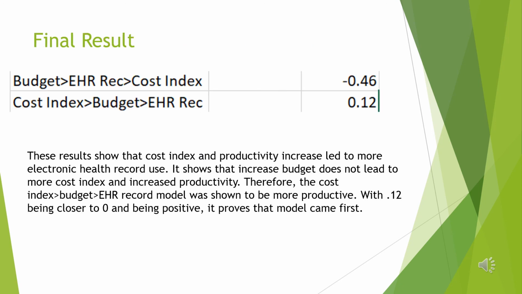So with these final results, we can see that cost of care came first because 0.12 is positive and it is the closest to zero. So it shows that cost index and productivity increase led to more electronic health record use.